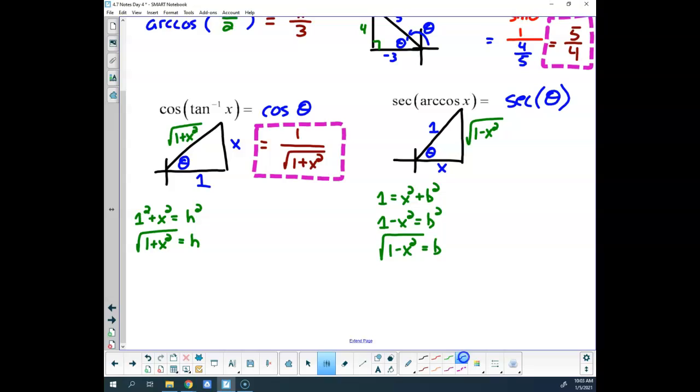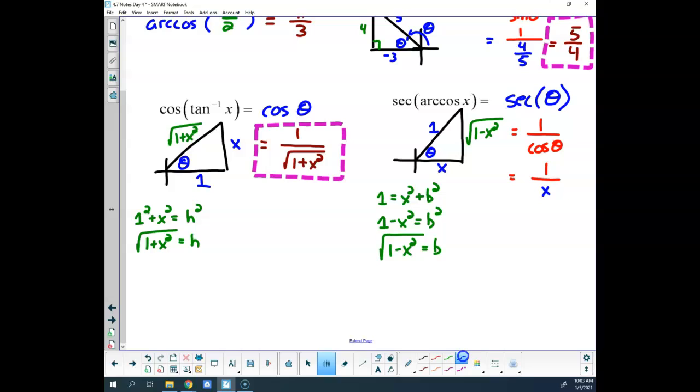Theta, secant is 1 over the cosine of theta. Cosine of theta is adjacent over hypotenuse. That's that.